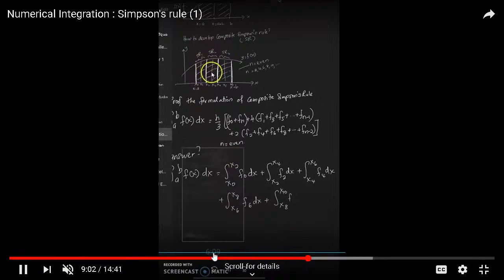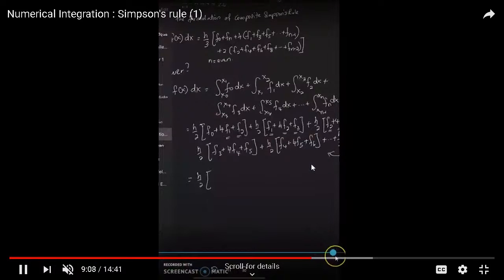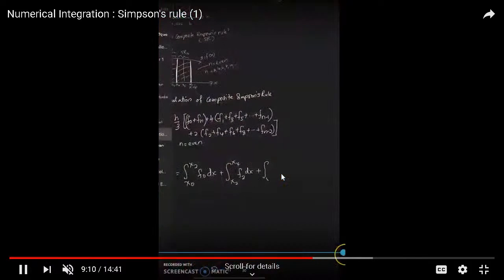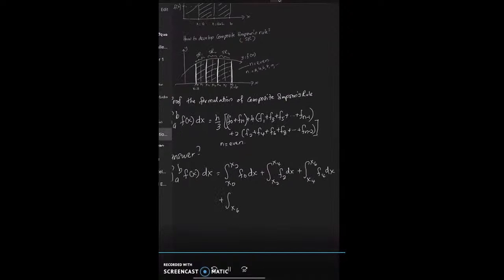You can see here one by one: x0 to x2, x2 to x4, x4 to x6, x6 to x8, and up to xn. So all the even values of i, x0 to x2, x2 to x4, x4 to x6, x6 to x8, x8 to x10, and so on.